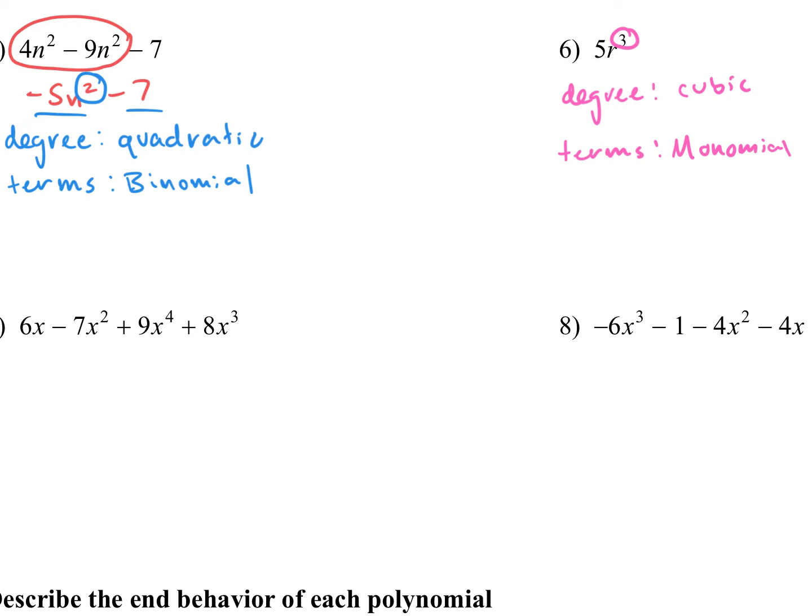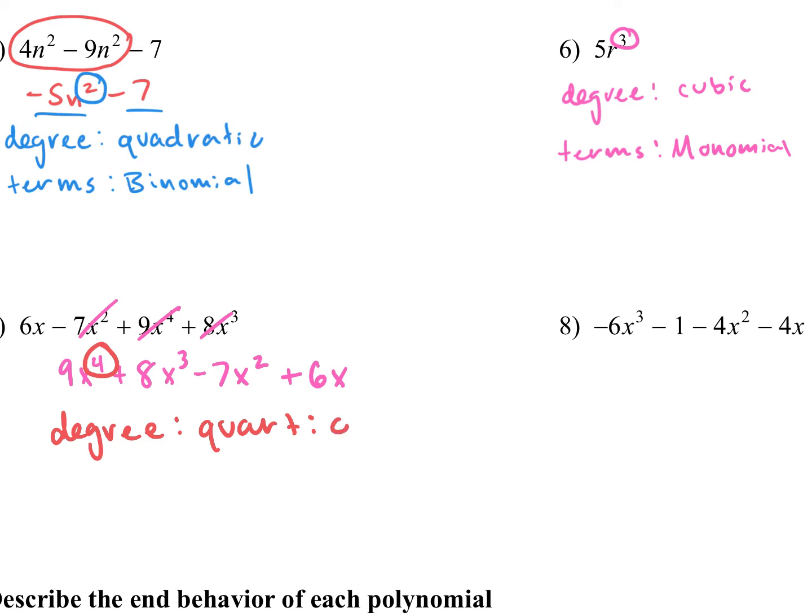All right, number 7. What comes first? 9x to the 4th power, and then? 8x to the 3rd power, and then? Minus 7x squared, and lastly? 6x. All right, so how do I classify this by degree? My highest degree is that 4 there, so this is quartic.